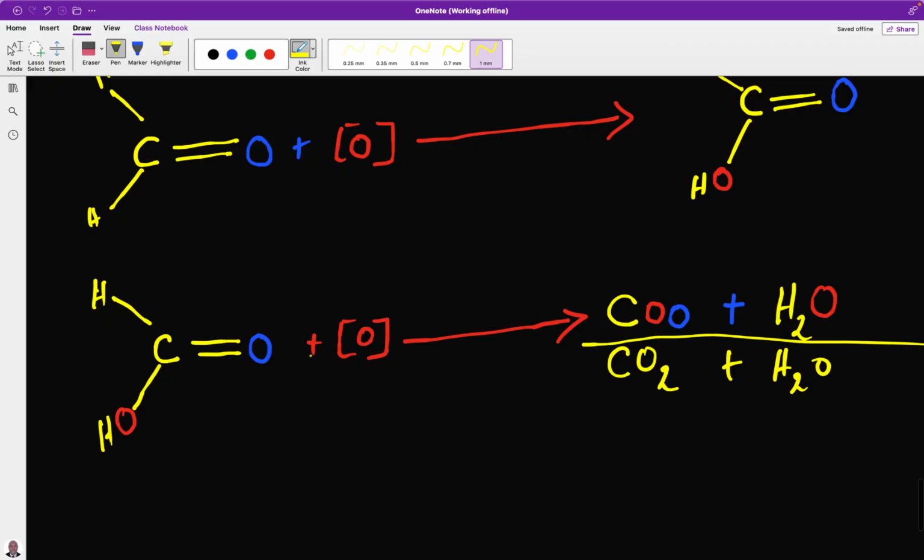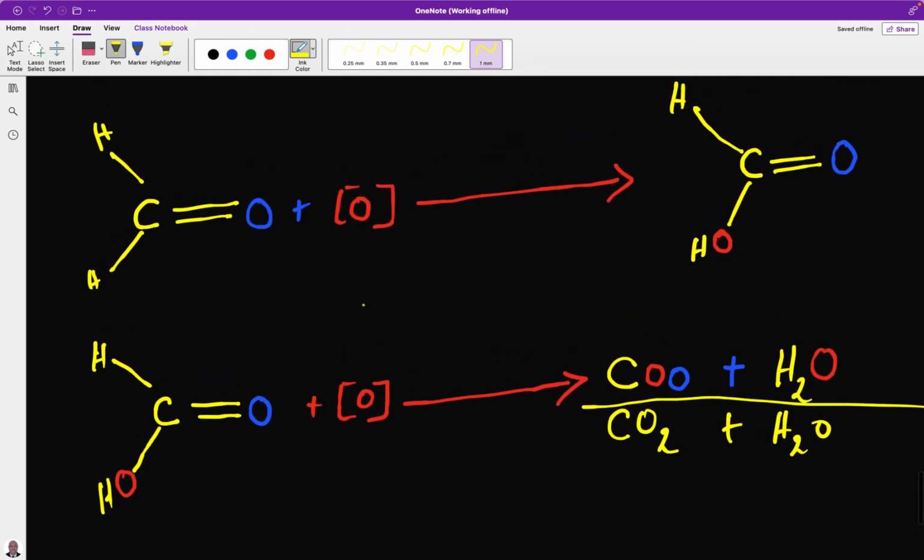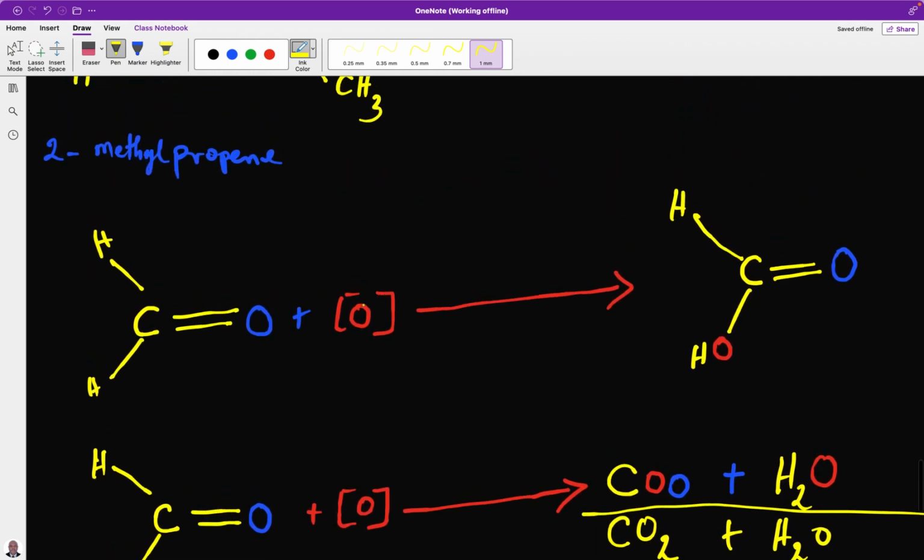And when it undergoes this oxidation, there is a COO that is formed, and H2O. Indirectly, we are saying the final oxidation of this molecule will lead to carbon dioxide and water. This part of the molecule now gives us carbon dioxide and water.